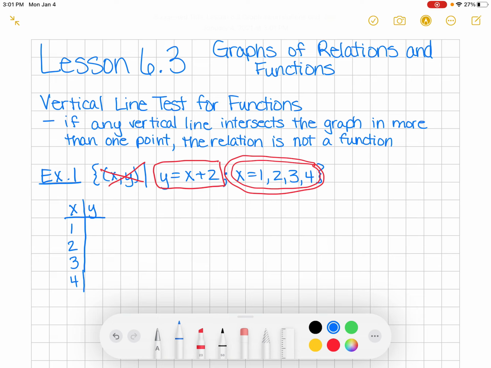And then now I have to figure out what my y is. So I'm going to figure out these y's right here by using my equation. So I'm going to say if x is 1, so if I put a 1 right here, then I have 1 plus 2, and that means y would equal 3, right?